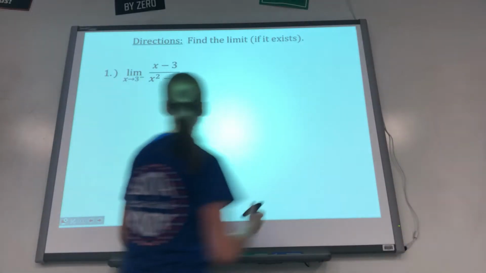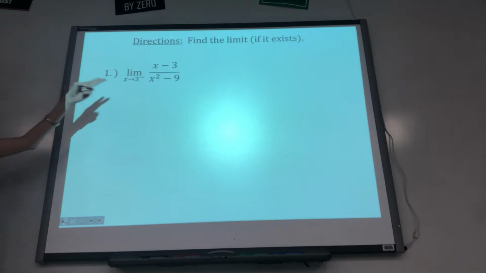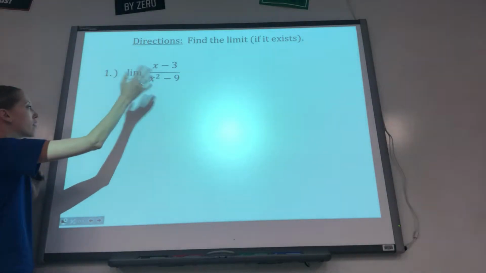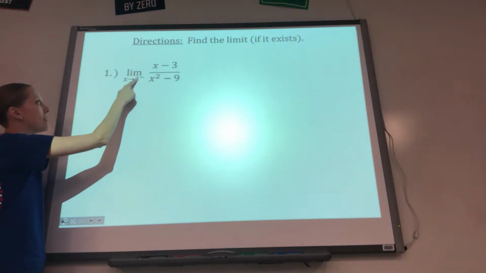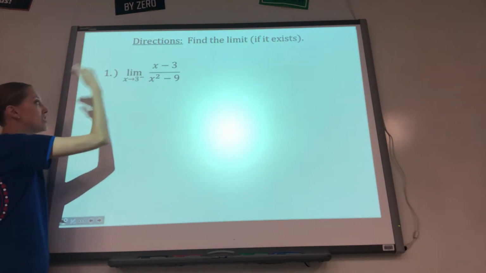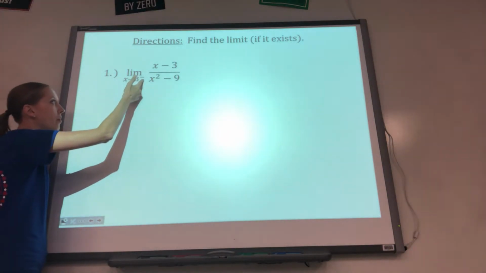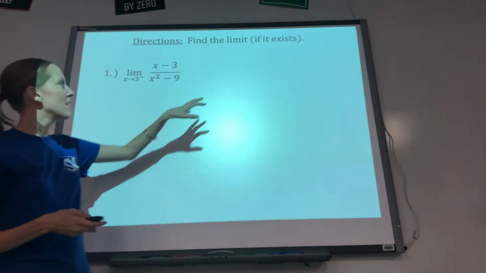Now, it does say that we are only supposed to approach 3 from the left. But according to that rule that we have, even if I'm approaching it from the left, if I just find the limit as x approaches 3 in general from both sides, it should equal the limit from just the left side.